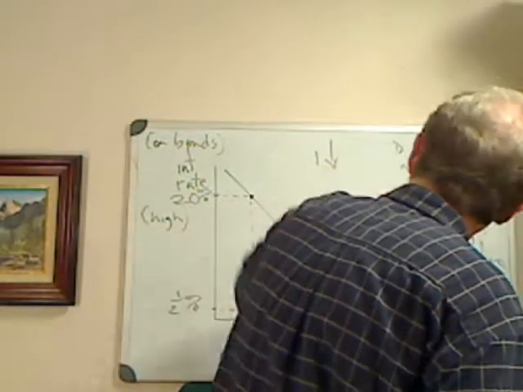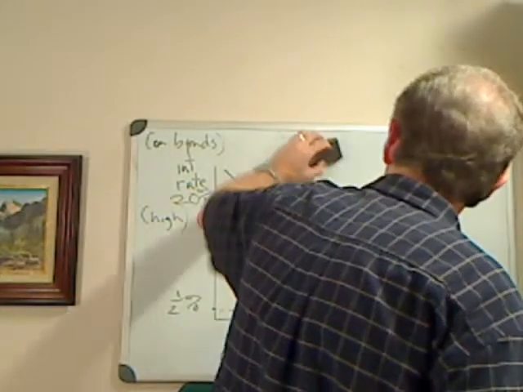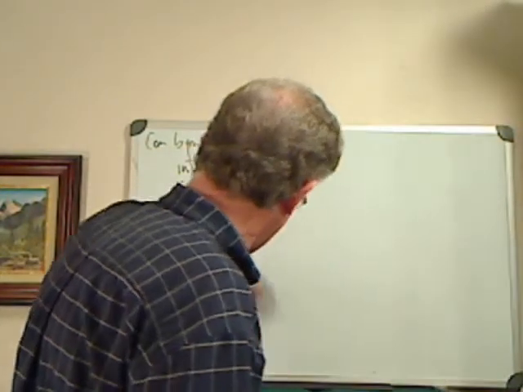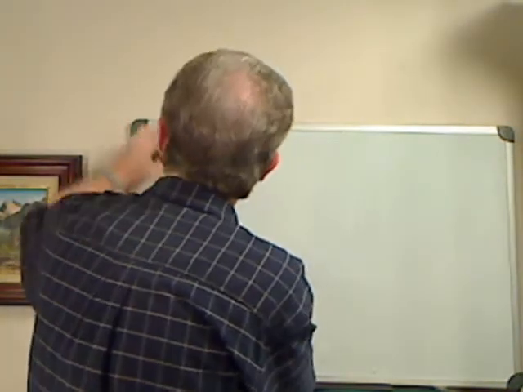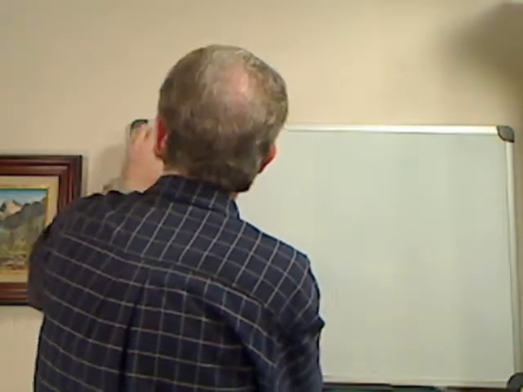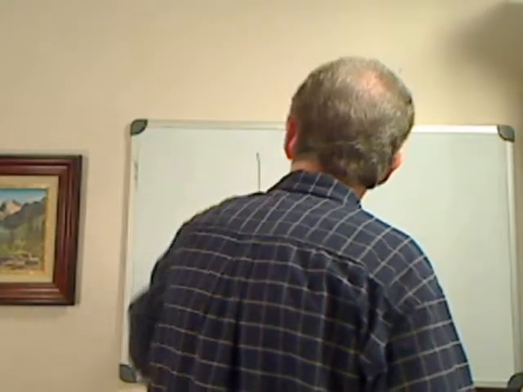Let's think about money supply. Then we'll talk about equilibrium. We'll talk about what can cause each of these curves to shift. Okay? Money supply.